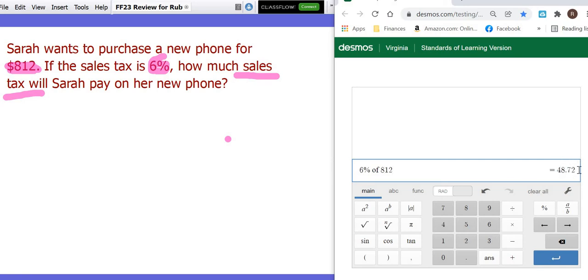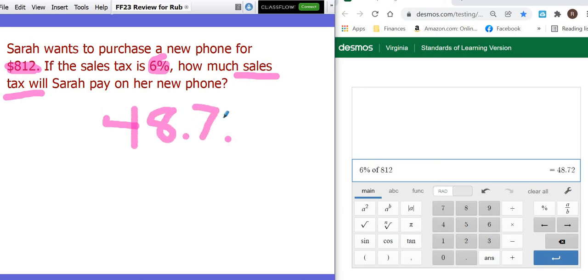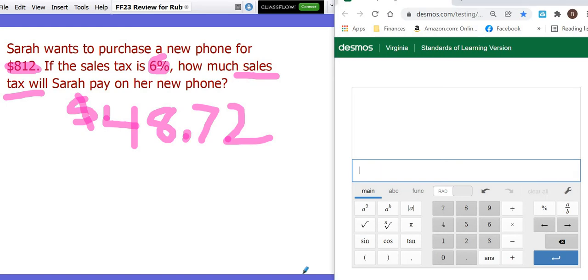That gives us $48.72. That is the amount of tax. If we had wanted the whole price, we would add the tax to the 812. But this question just wanted the tax, $48.72. So make sure to listen to or read the question very, very carefully.